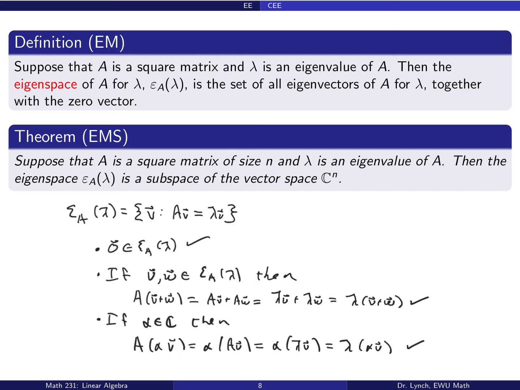If v and w are elements of the eigenspace, then their sum is too, so we see that it's closed under vector addition. And if alpha is a scalar, then alpha v is also an element of the eigenspace, so we see it's closed under scalar multiplication. Okay, the eigenspace is a subspace.